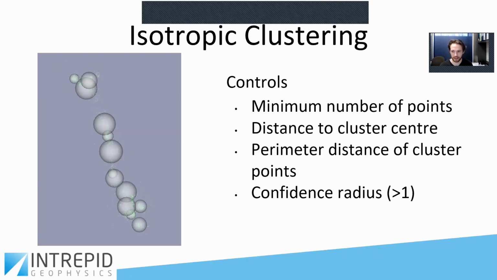You've got a few options, like restrictions on how many points they have to have, how far apart the points can be, the circumference of the cluster, and how much confidence you have in each cluster. So it will selectively eliminate clusters that overlap with other ones.